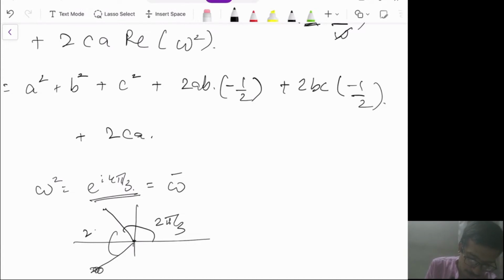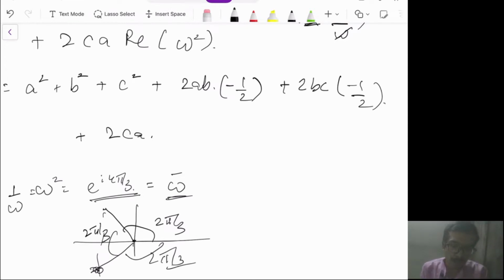So there's 2 pi by 3, 2 pi by 3, 2 pi by 3. So actually omega square is also omega conjugate, because we saw that omega square is going to be 1 over omega because omega cube is 1, and we have seen that 1 over omega equals omega conjugate. So real part of omega is same as real part of omega square, which is minus a half.